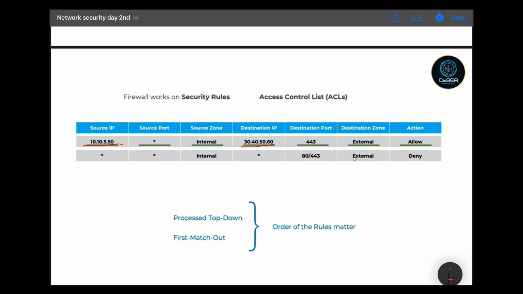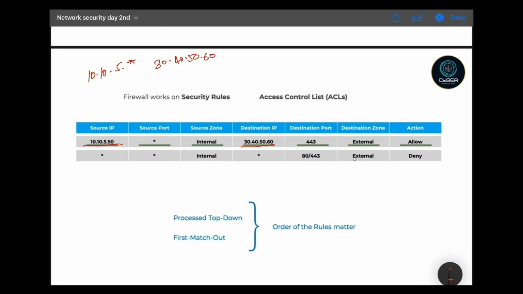Another practical ACL trick: use wildcards or prefixes to avoid writing one entry per packet. For example, write 10.10.5.* to 30.40.50.60 to cover the whole source subnet.